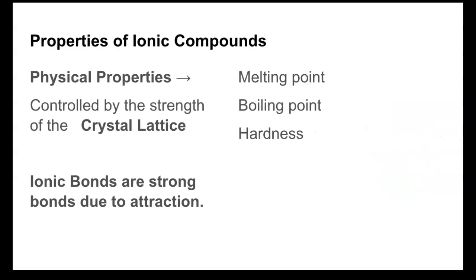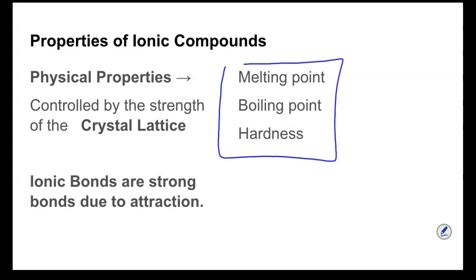Okay, some things I want to talk about quickly are the physical properties of ionic compounds. They're controlled by the strength of the crystal lattice. So these physical properties, like melting point, boiling point, and hardness, they're controlled by how strongly those ions are attracted to one another.